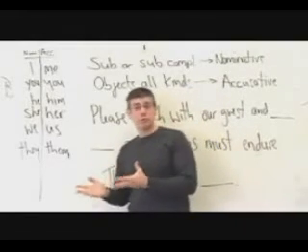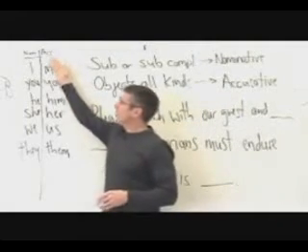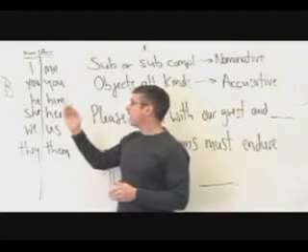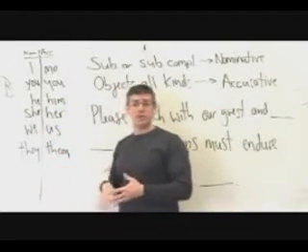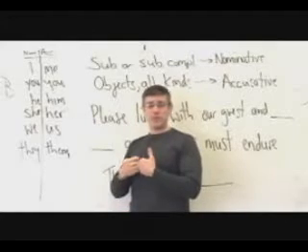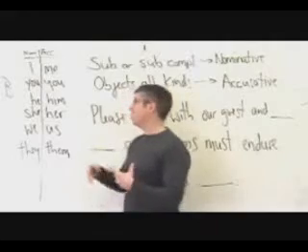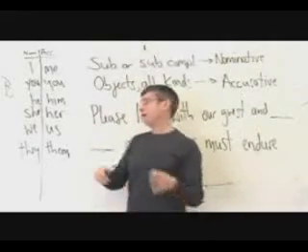I'm going to stick to the older terminology. Now, the nominative pronouns are I, you, he, she, we, and they. These are the pronouns you would use if the pronoun was going to function as the subject of a verb. So you say, I want coffee, not me want coffee.